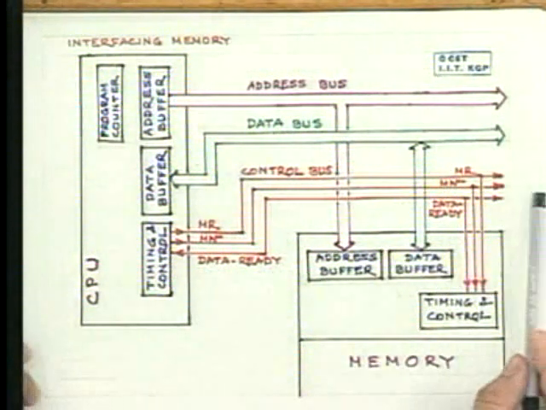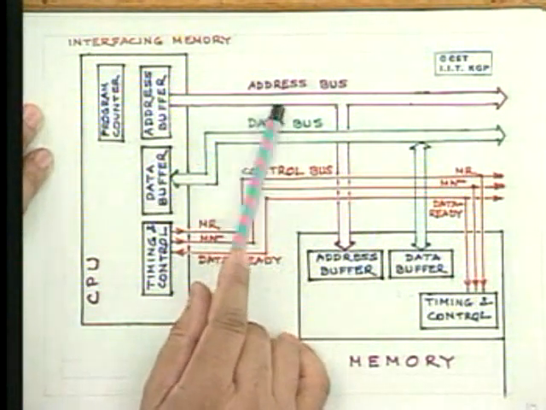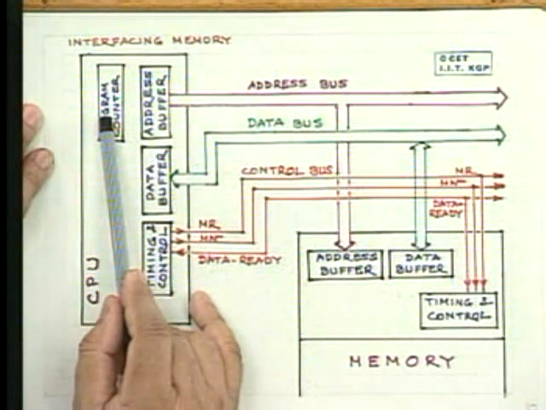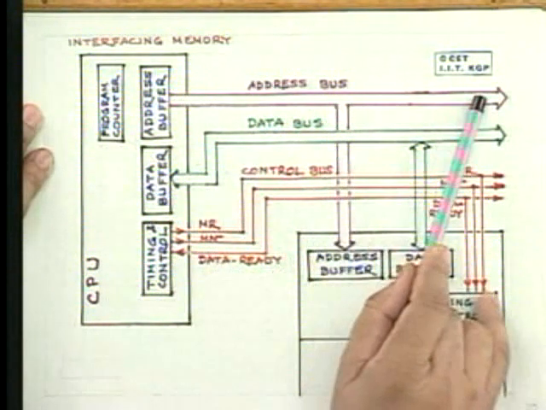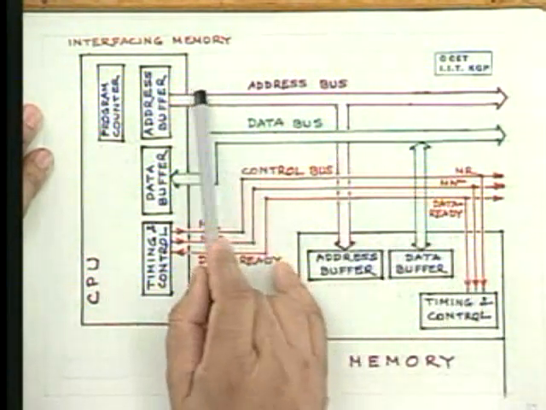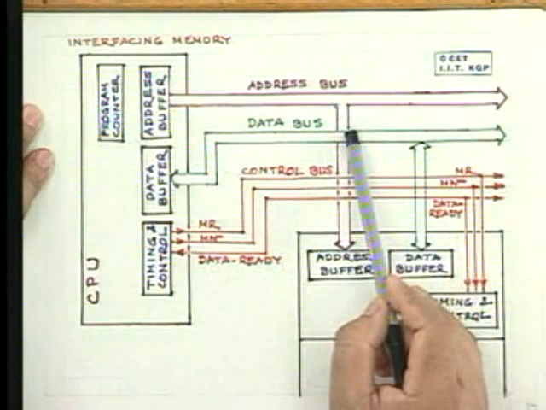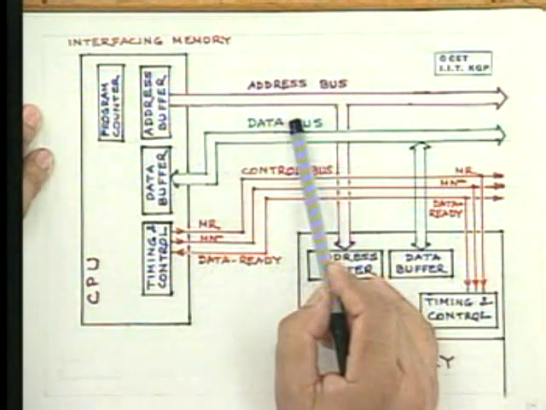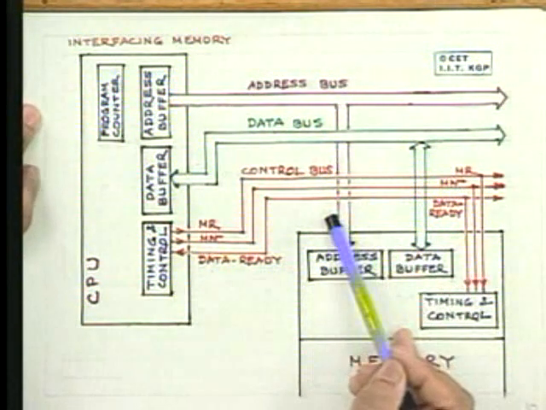For example, as I was saying, when I'm fetching an instruction, the program counter content is sent to the address buffer. The total bus is divided into 3: you call them the address bus, the data bus, and the control bus, which we showed as a single bus earlier when I was explaining the execution of a program.